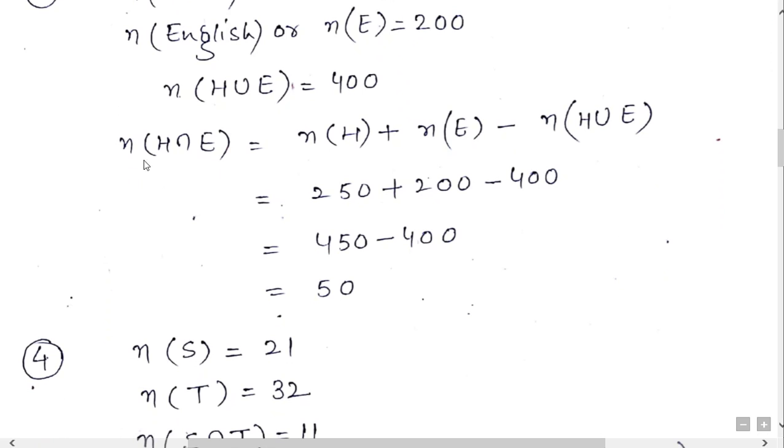It means n(H intersection E), which is n(H) plus n(E) minus n(H union E). First value is given, that is 250. Second is 200 and the union, that is the total, is 400. The answer is 450 minus 400, that is 50.